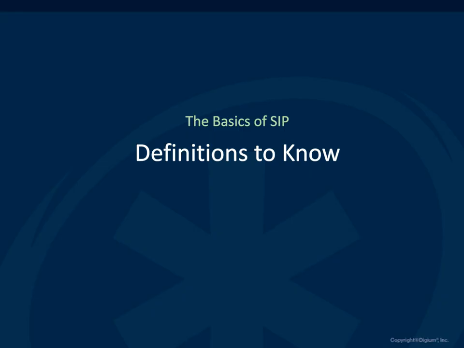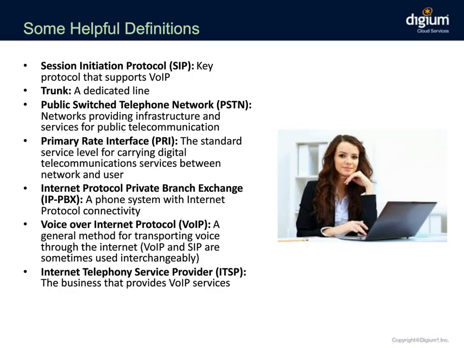Okay, so let's take a look at some other definitions besides just SIP trunking. SIP is session-initiated protocol. It's the key protocol that produces VoIP. Trunking is another term that you're going to hear a lot of, and trunking is just a dedicated line. So we used to purchase lines in the PRI and analog days. Now you purchase SIP trunks, and most of the time SIP trunks can be delivered in two different ways. You have metered, which is I have an unlimited number of trunks.